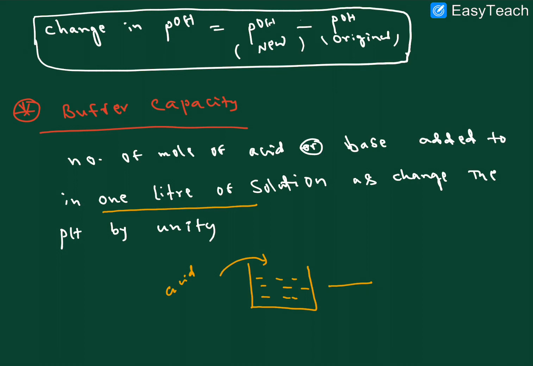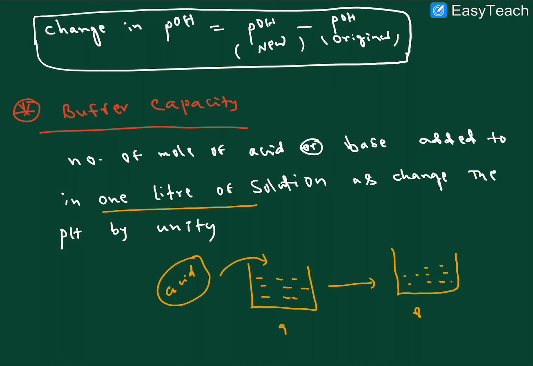For example, here some buffer solution is there. The number of moles we are adding here, acid or base, I'm taking acid here. For example, the pH is 9 and it changes to 8, right? The pH changes to 8. So how many moles are required to change the pH by 1 unit here?